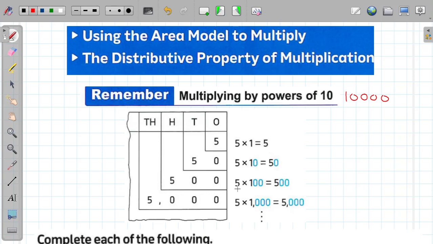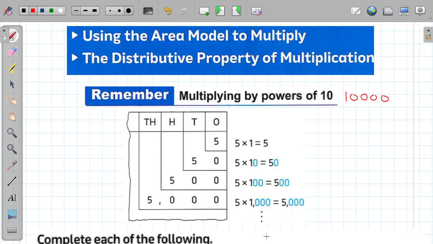If I multiply 5 by 100, I multiply 5 by 1 and add 2 zeros. If I have 5 times 1000, I multiply 5 by 1 and add 3 zeros. And so on with all powers of 10, like 10,000, 100,000, 1 million, and so on.